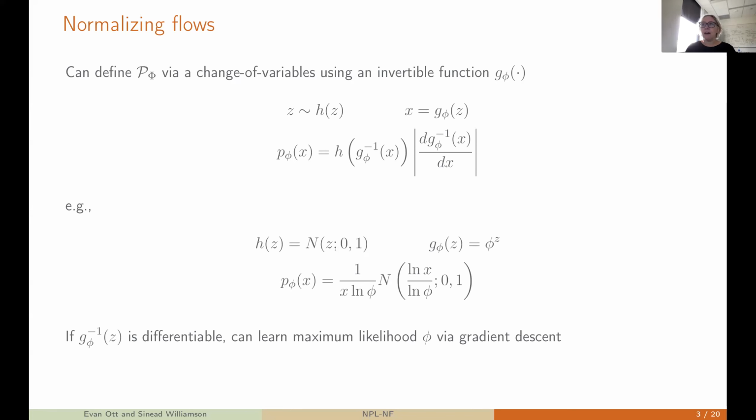I can then easily get the PDF of X for any given value of phi. And because in this case, I have a function that's differentiable, I can then use maximum likelihood, I can then use gradient descent on phi to get the maximum likelihood parameter of phi for my data X.